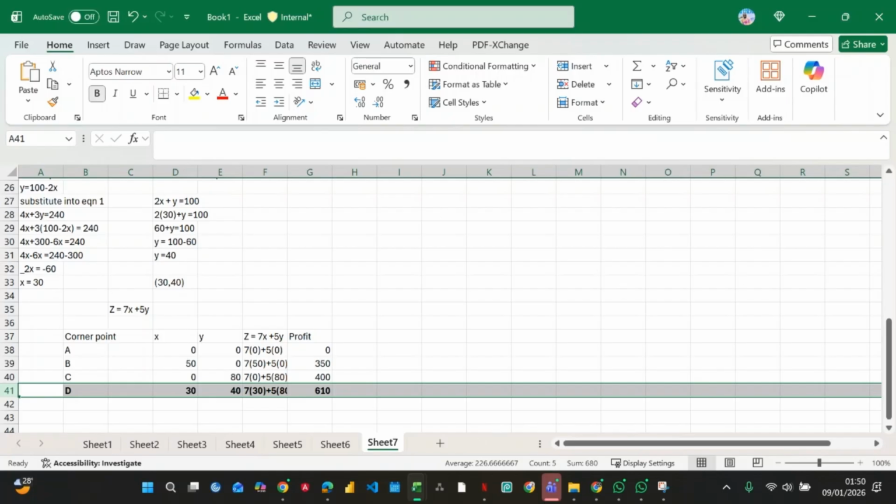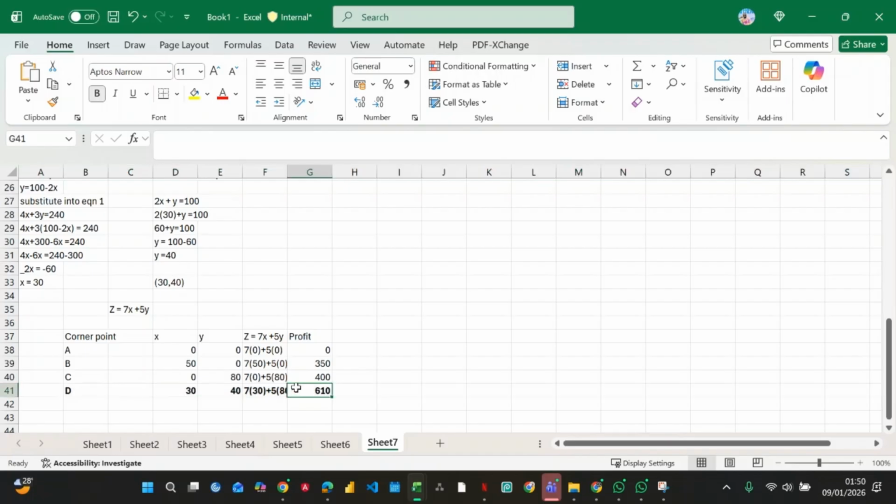Please, calculate this again. 7 by 30 is what? 7 by 30 should give us 210. And then this is supposed to be 410, not 6. 410, right? Yes.